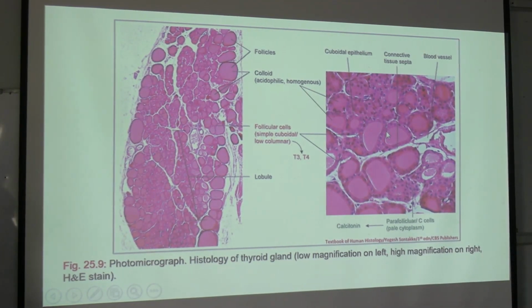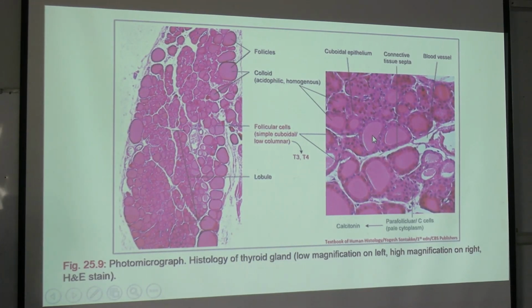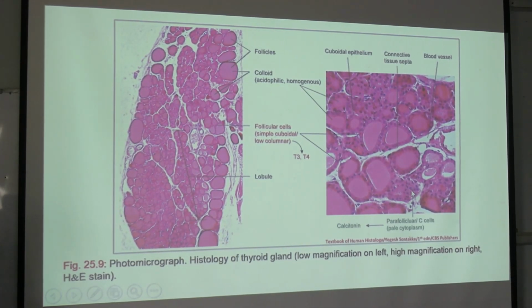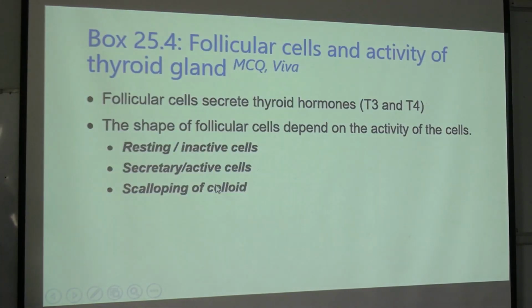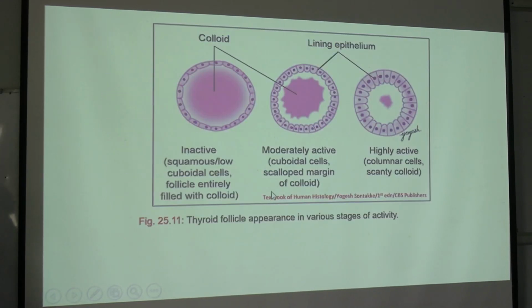There will be lining cells, cuboidal cells lining in here, which we call follicular cells, and inside we have the colloid. Outside of it, in the parafollicular space, there are cells we call parafollicular cells. We are not going to see them, but we know theoretically that these elements are there. So lobules and follicles are the hallmarks to identify this tissue.